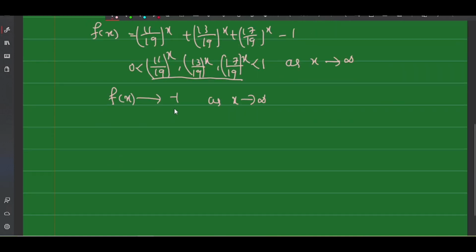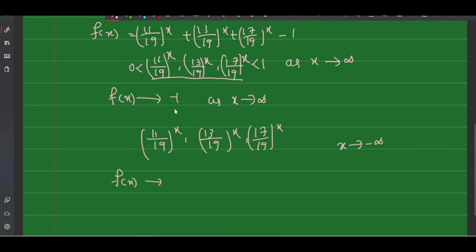Now again look at the expressions (11 by 19) raised to x, (13 by 19) raised to x, (17 by 19) raised to x. As x tends to minus infinity, all of these terms will tend to infinity. So we can say that f of x tends to infinity as x tends to minus infinity.